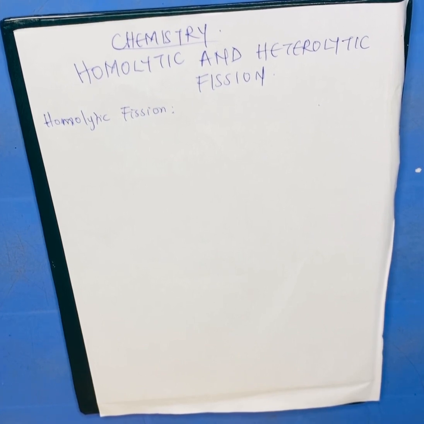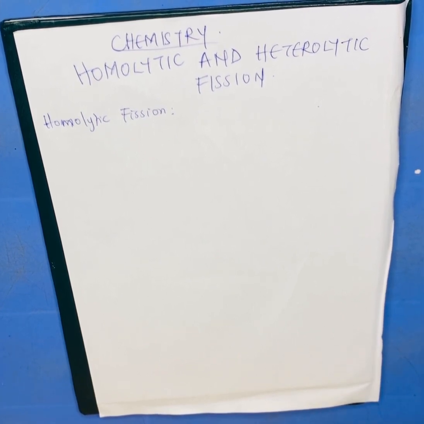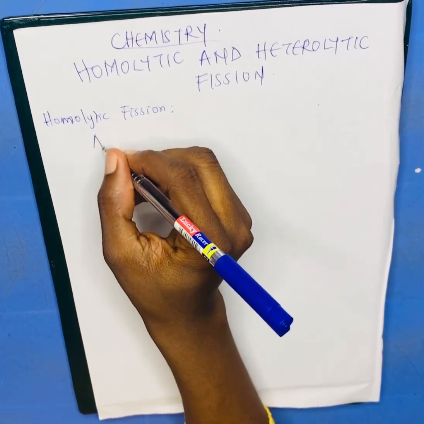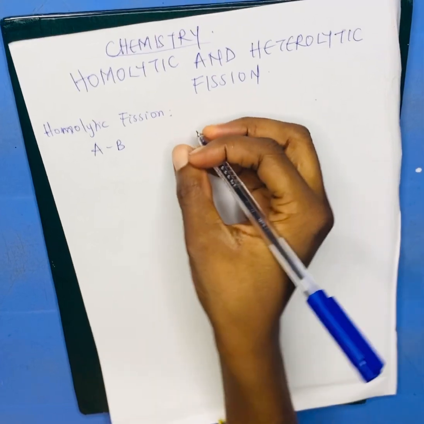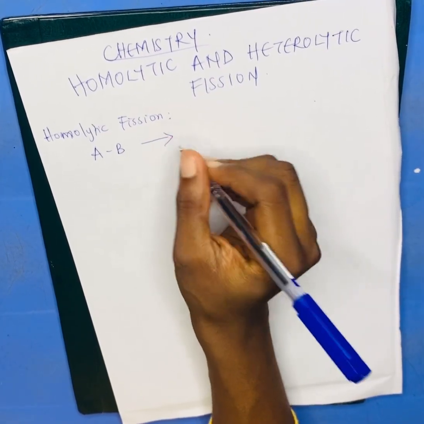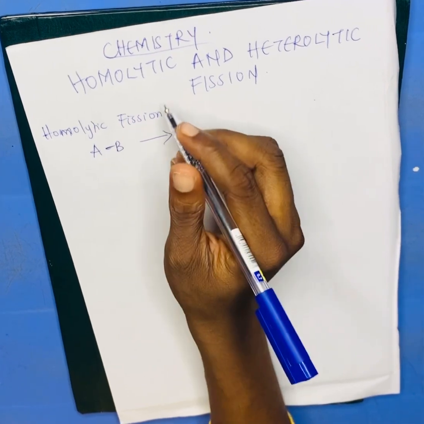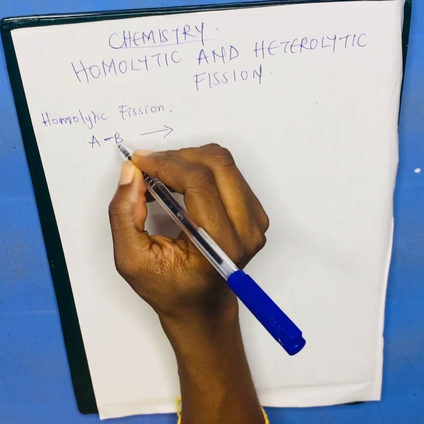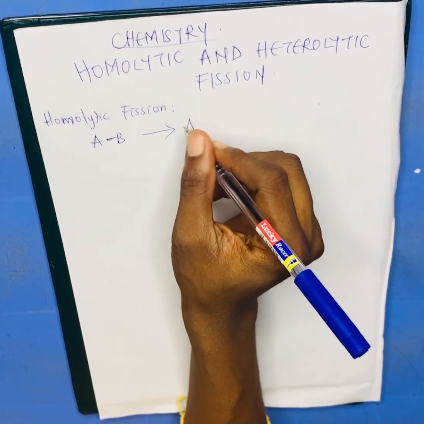When they have that unpaired electron, they are known as radicals. So let's say two atoms A B, meaning that this particular bond has two electrons, one from A and one from B. So something like this.